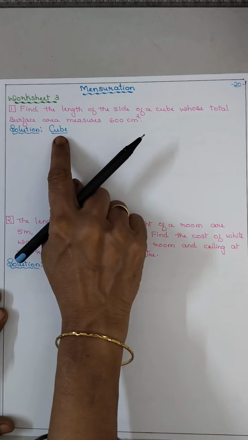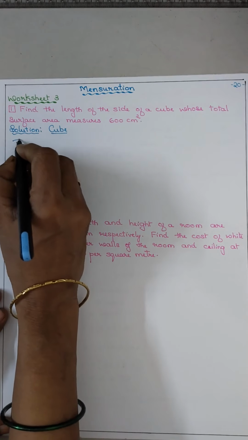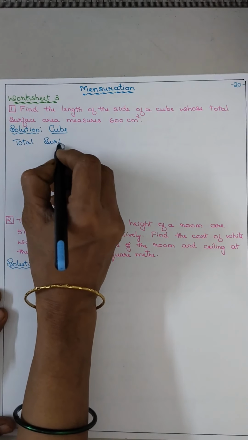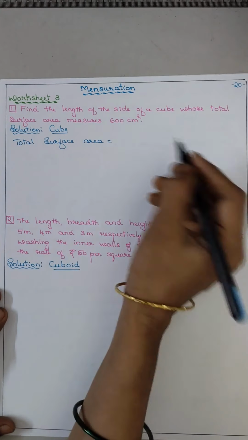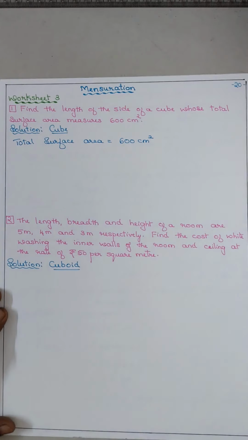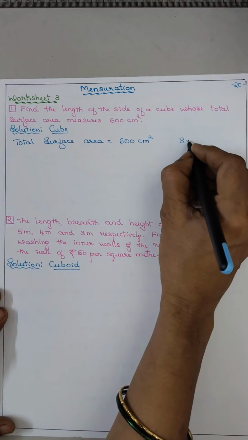Now what is given? The total surface area is given is equal to 600 centimeter square. They have asked you to find out the side.